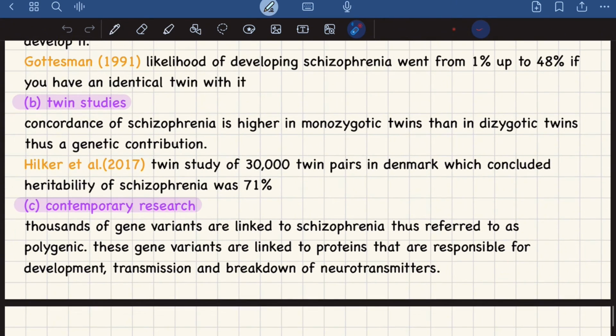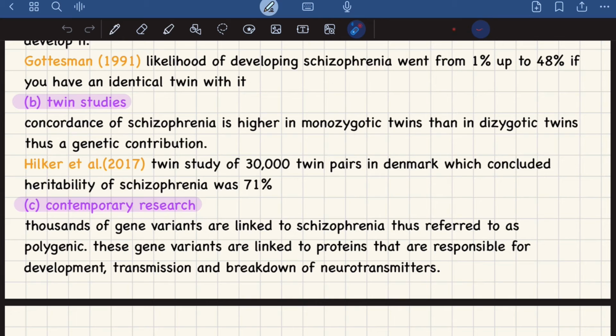Lastly is contemporary research. Now, schizophrenia is a very complex disorder, and understanding the genes related to it is a very complex procedure. Now, there are thousands of gene variants that are linked to the disorder, schizophrenia. And thus, these thousands of gene variants are referred to as polygenic.